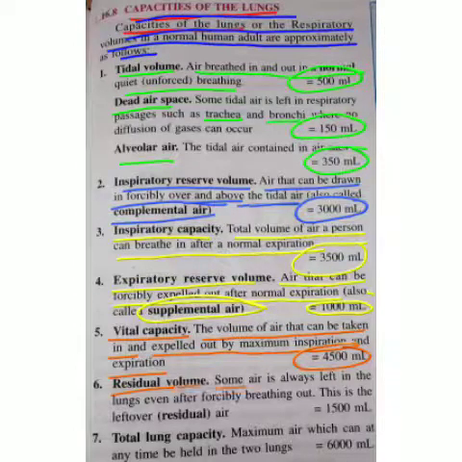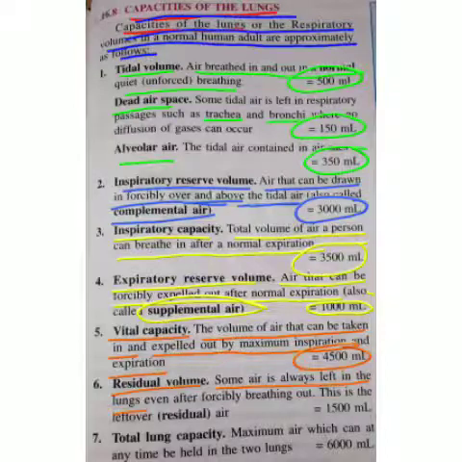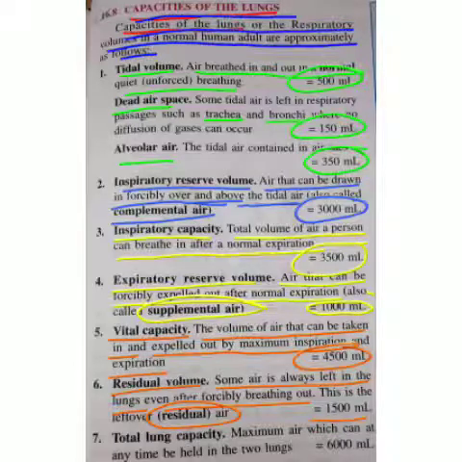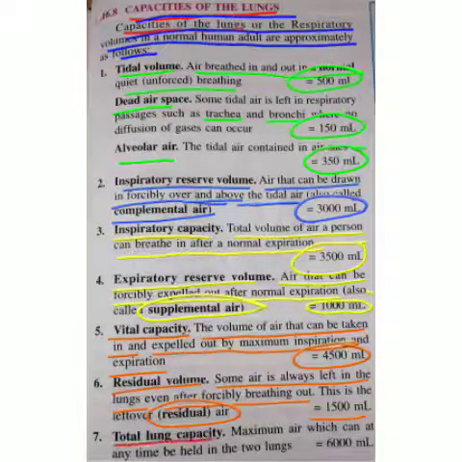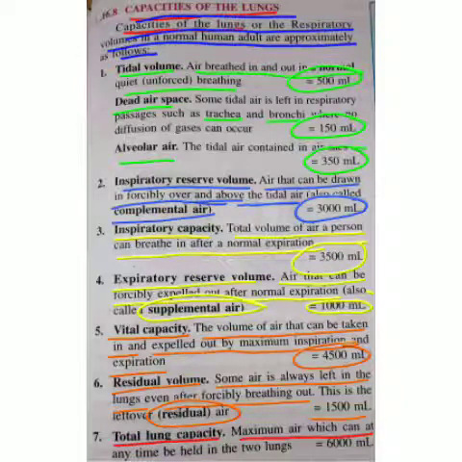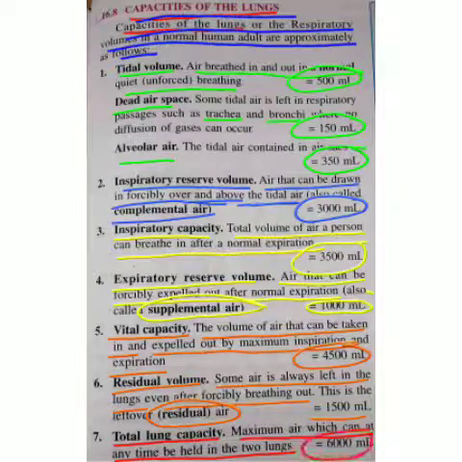So some air is always left in the lungs even after forcibly breathing out, and this is called leftover or residual air, that is 1500 milliliters. And the last one is total lung capacity. So the maximum air which can at any time be held in two lungs is 6000 milliliters.